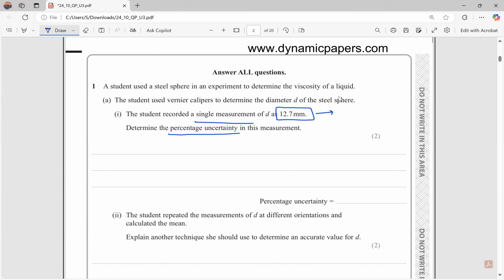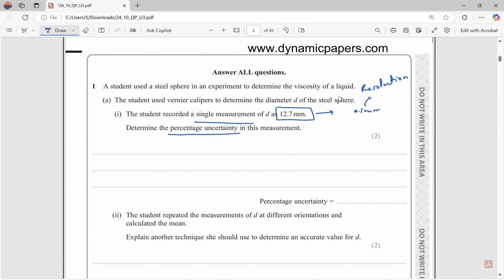So this vernier calipers measured 12.7 millimeters. If you count the decimal places, there's just one decimal place. So the smallest value would be 0.1 millimeters. That is the resolution of the vernier calipers.